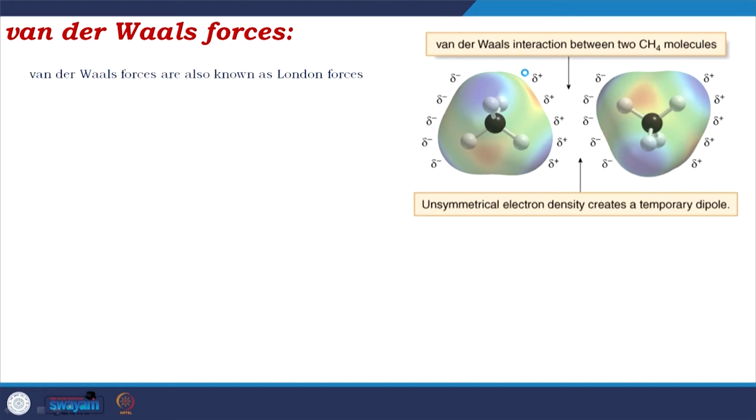Van der Waals forces are also known as London forces. They are weak interactions caused by momentary changes in electron density in a molecule. So, in one word, if you have a molecule and because of its stretching, bending, or dynamic changes, the electron distribution changes, there is a dipole development, and that is where you get the van der Waals.